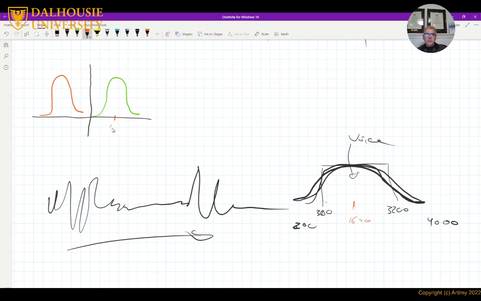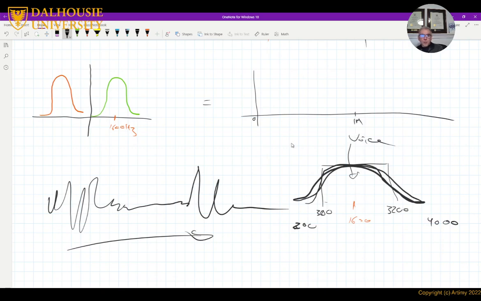So if this is 1600 hertz, that may not be correct, but let's assume that. If I modulate this with a carrier that is 1 meg, the result will be shifting the spectrum from around 0 here to around 1 meg.